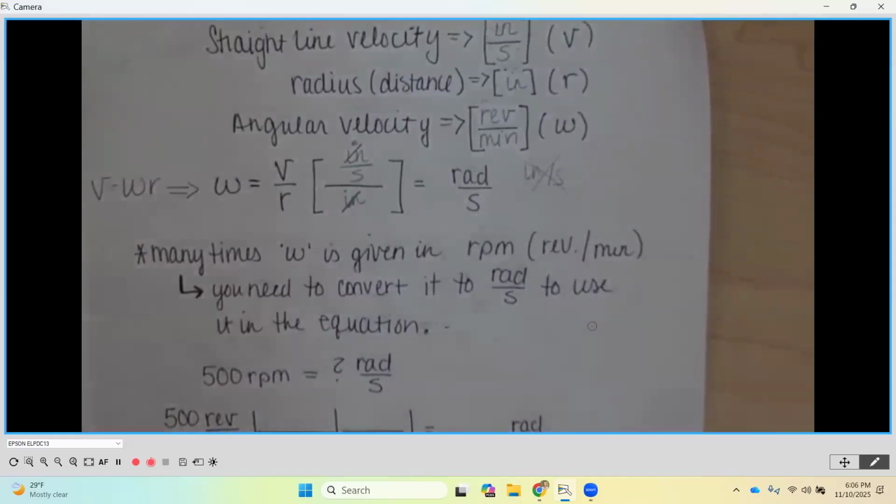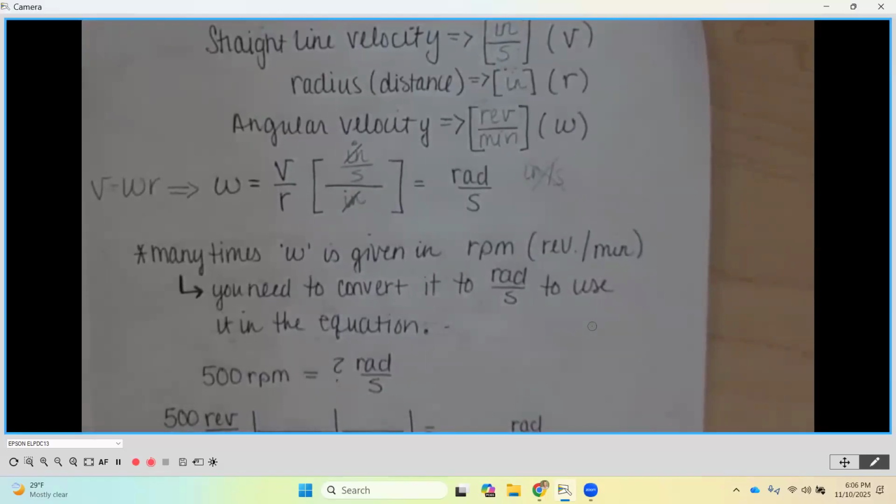If you go to the motor store and say to whoever is at the desk, I need a motor that runs at 1000 RPM, they're going to go and grab it for you. But if you say, I need a motor that runs at 15.7 radians per second, they're going to be like, yeah, that's nice, what is that value in revolutions per minute?